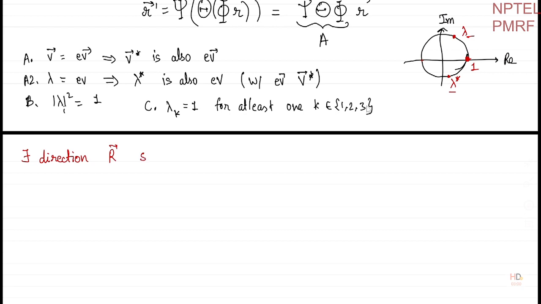R such that this matrix applied on R does not do anything, because the eigenvalue is 1. Okay, and you can show that this direction is also real. Which means we can define an axis of rotation.